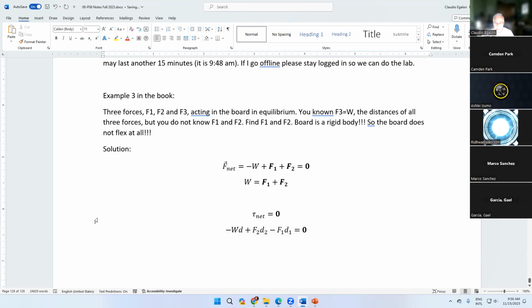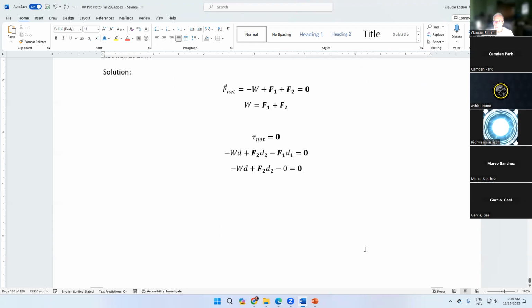That should be 0, because it's the point of application of the force. So from this equation alone, we can get F2.